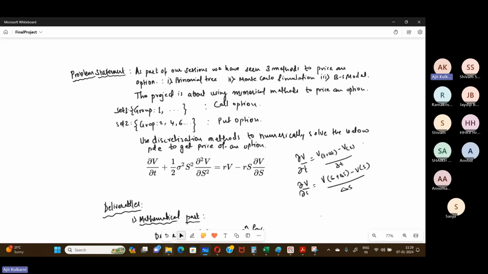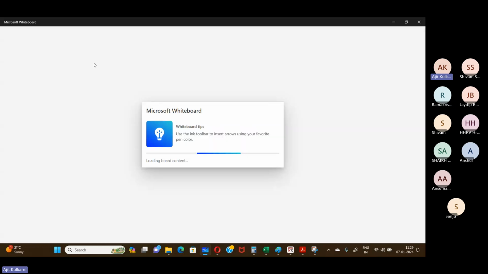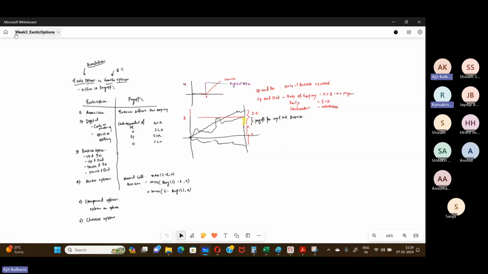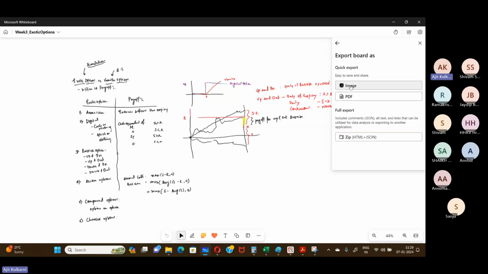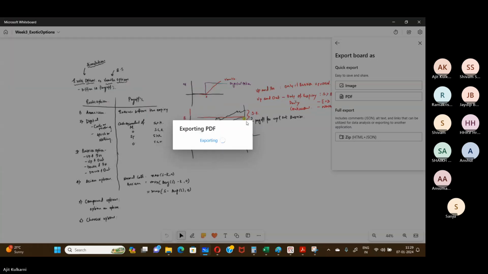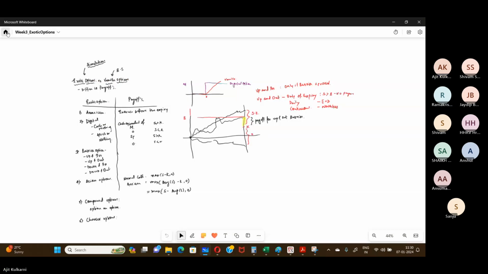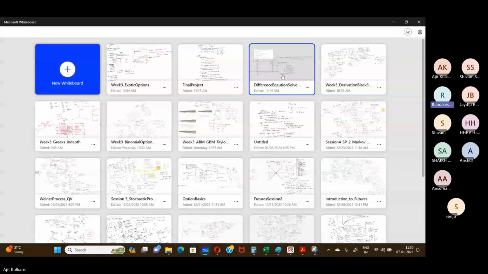And I'll share all the other things which we have discussed today. Exotic options, QF course. These are the notes. PDF. Black-Scholes and Greeks.